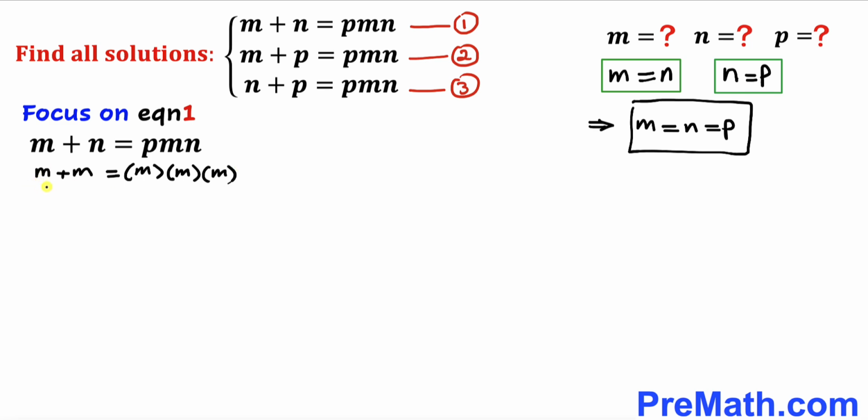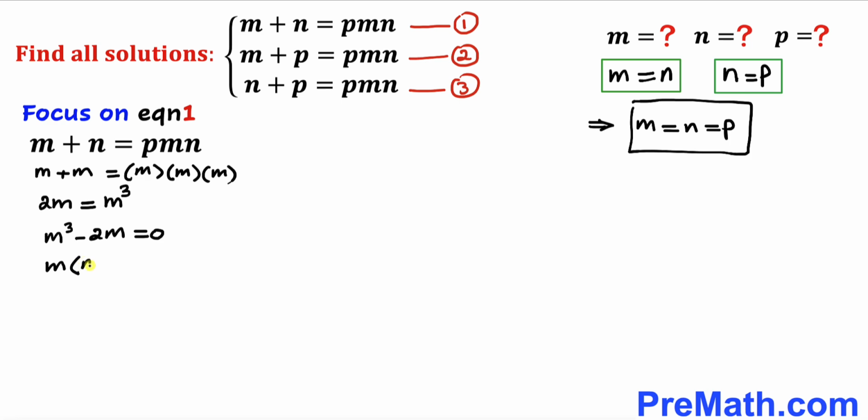And now let's simplify on the left hand side. That is going to give us 2m equals, on the right hand side, m to the power 3. Now let's move this 2m to the other side. So we got m cubed minus 2 times m equals 0. And now we can see m is common between them. So let's factor out m.